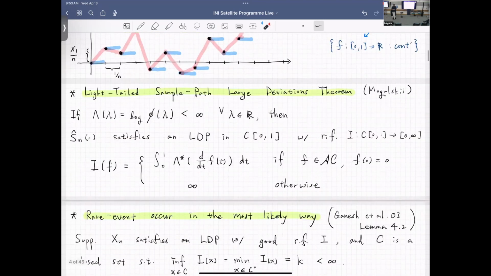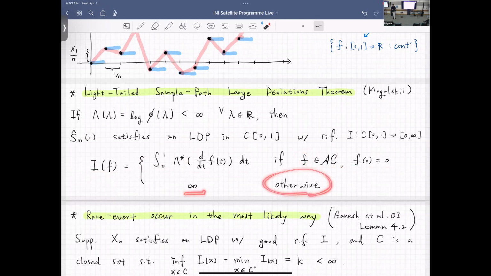So again, lambda is the log moment generating function, and lambda star is its convex conjugate. The rate function is the integral of lambda star evaluated at the derivative of f. The value of the rate function is finite if f is absolutely continuous and starts from 0.